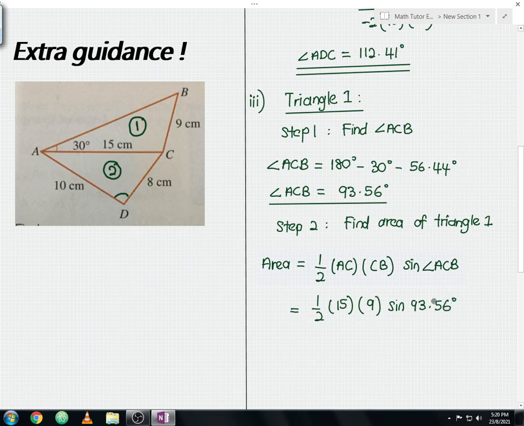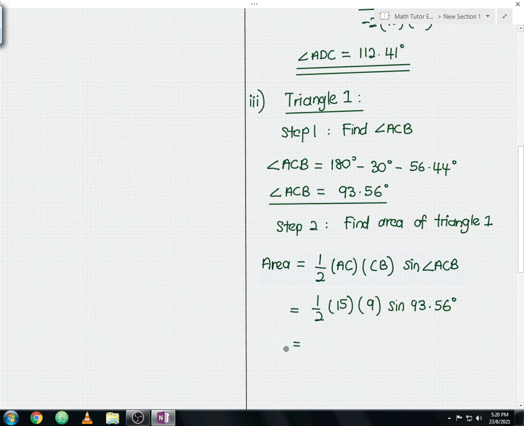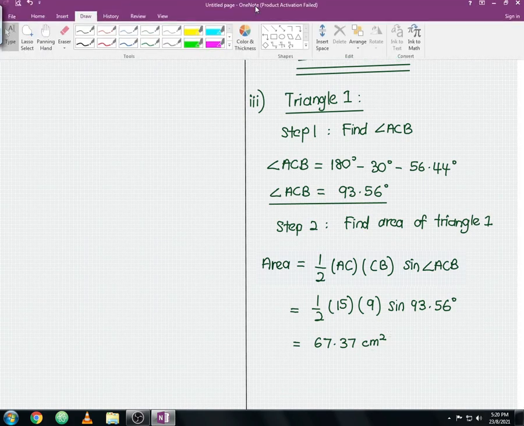So from here you calculate, you should get your area of triangle 1 equal to 67.37 centimeter square. So this is your area of triangle 1. Let me underline this.